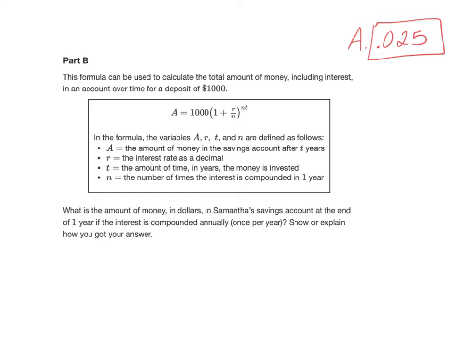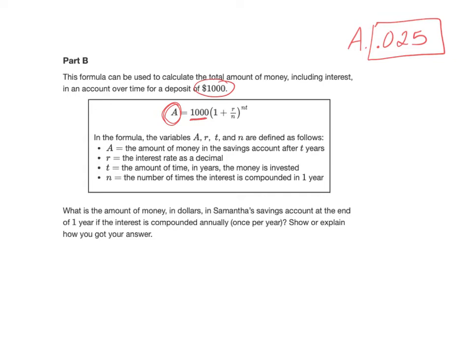So A is equal to the amount of money in the savings account after T years. So essentially A is what we're solving for. We're going to find out with accrued interest how much money is in the bank account. The thousand obviously represents the initial deposit of how much money is in the account.